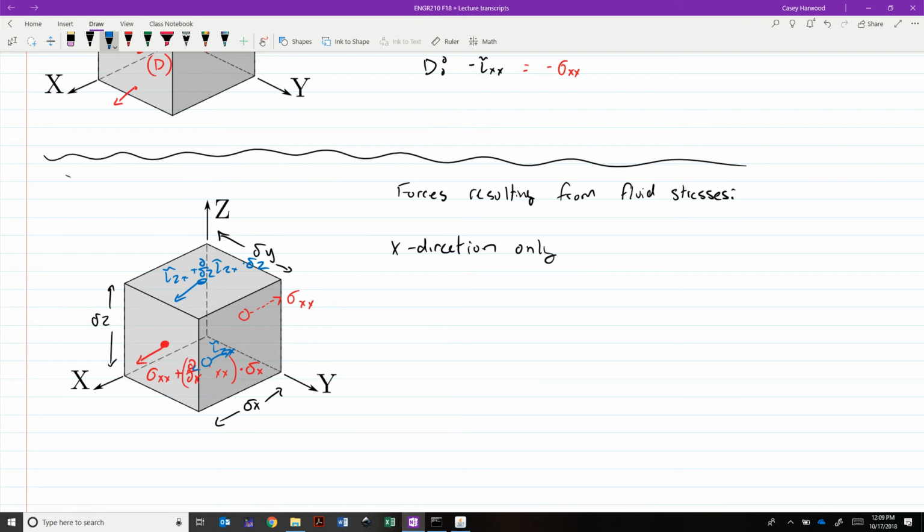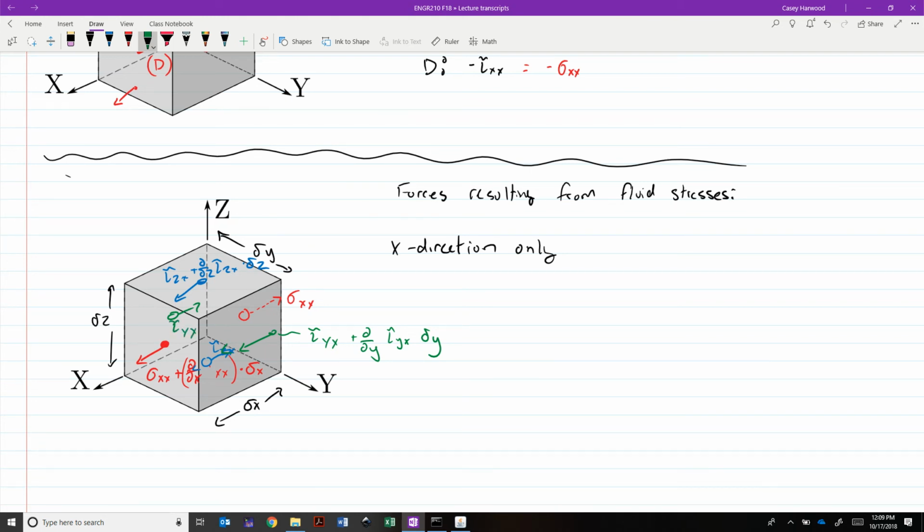And then finally on the y faces, we could write, this is always where things get really crowded, I apologize, but this one is tau yx plus partial y of tau yx times delta y, and then over here we would have tau yx.